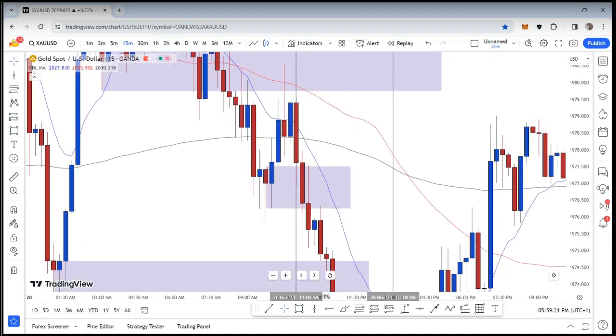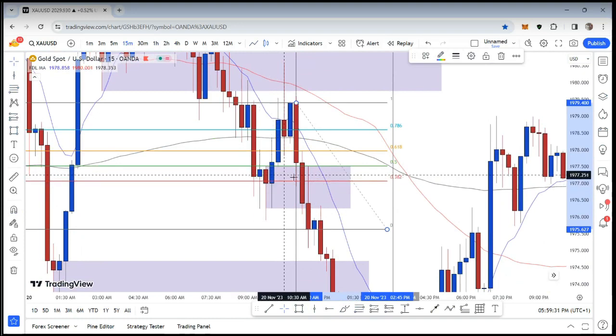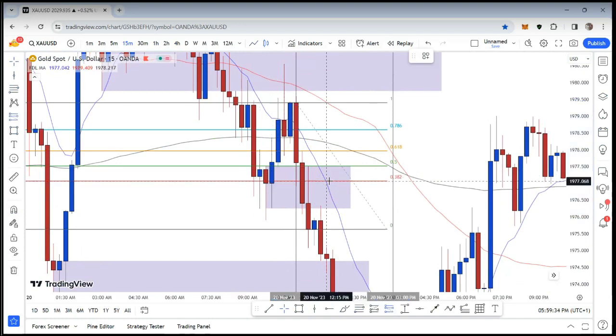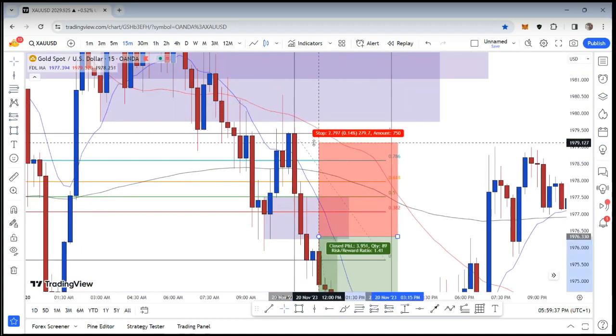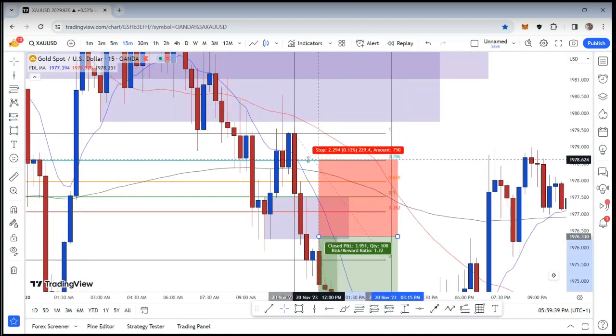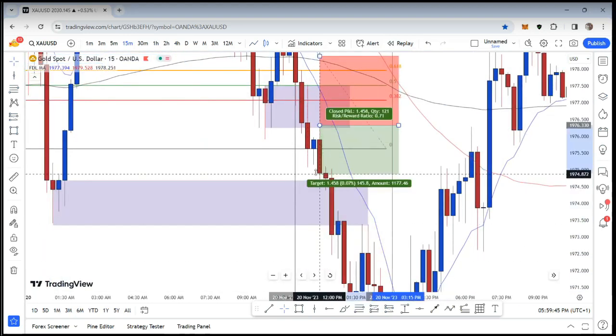Now, although this is a very small retest, I expected price to probably pull back to the 50% or the 38%, for us to start selling from. So my entry would have been from this level, and then this is 39 pips. I would have targeted a 25 pips stop loss, or probably keep it at 20 pips, and then this would have been your immediate target, hoping that it will break.